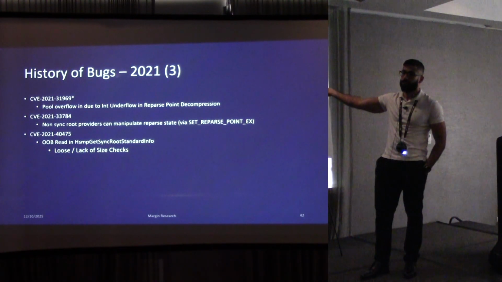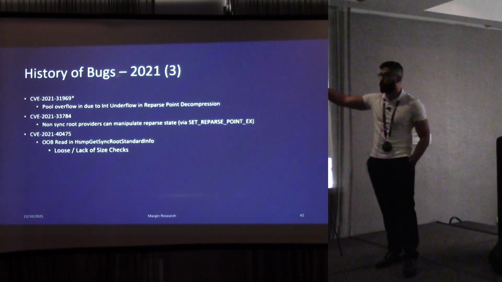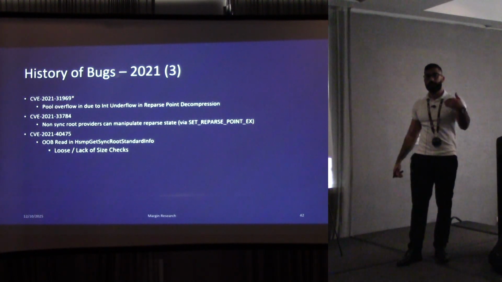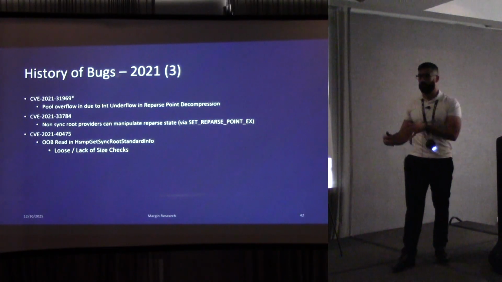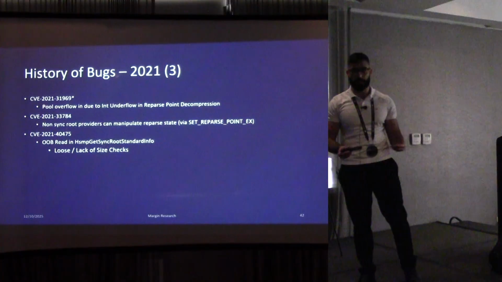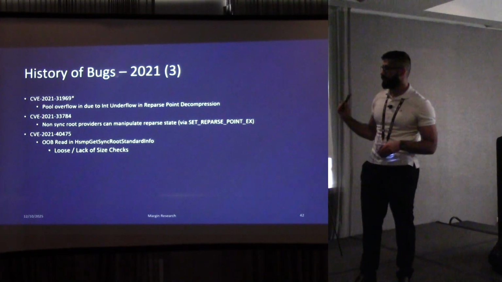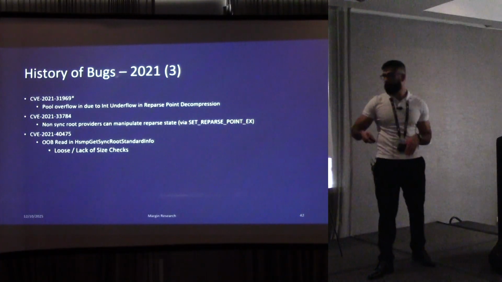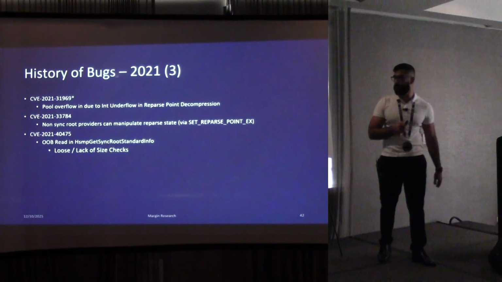The driver just was not intercepting it. So there you had some kind of ACL-ish bug. Only sync root providers should be able to modify reparse points of placeholders because they're managing these files. And finally for 2021, an out of bounds in get standard info just doesn't check size.